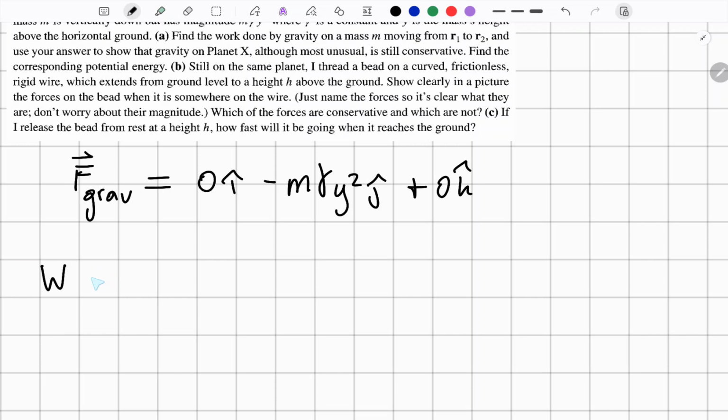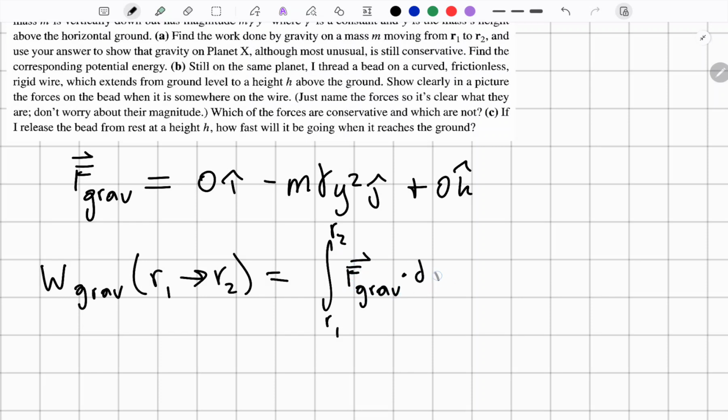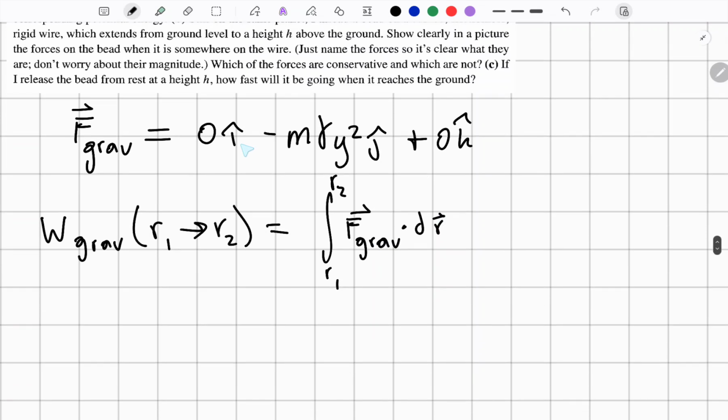So let's find the work done moving from r1 to r2. That's going to be our force of gravity dot dr, which in this case is going to be just the y forces. It's negative m gamma y squared dy.